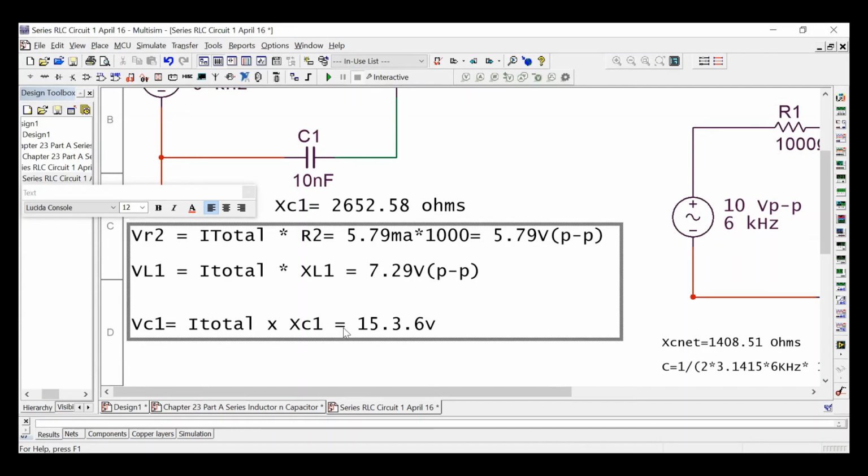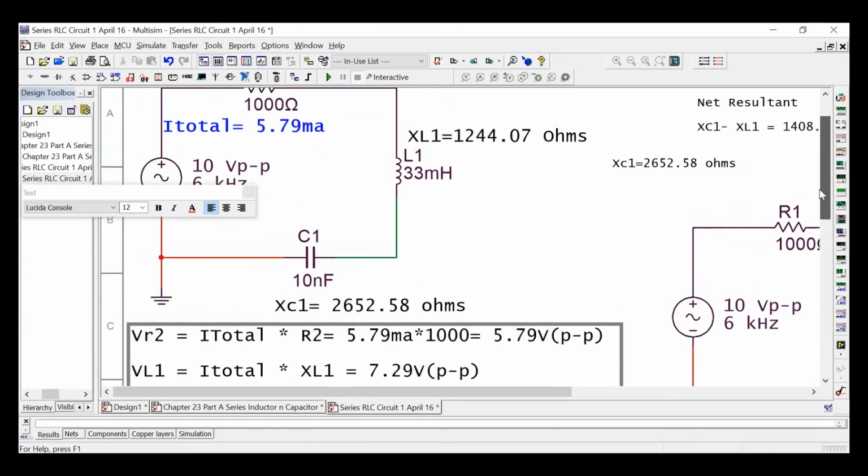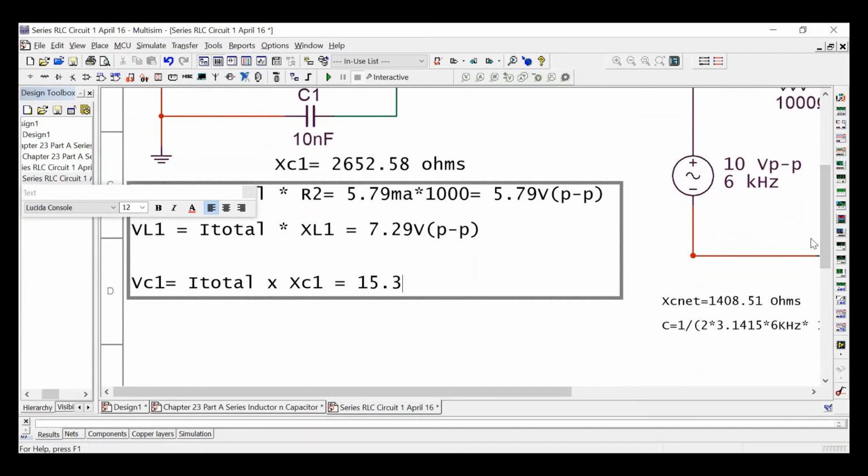Seems a little high, but it's the same I got. So we did 5.79 milli times that, 2652.58. Let's see what happens.